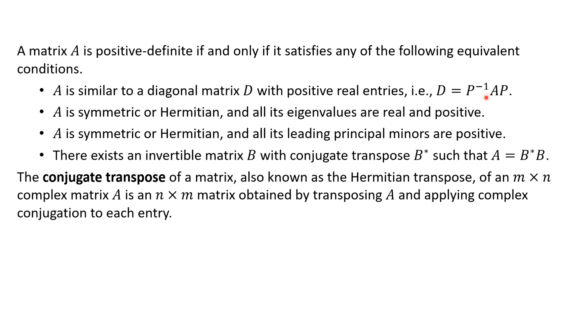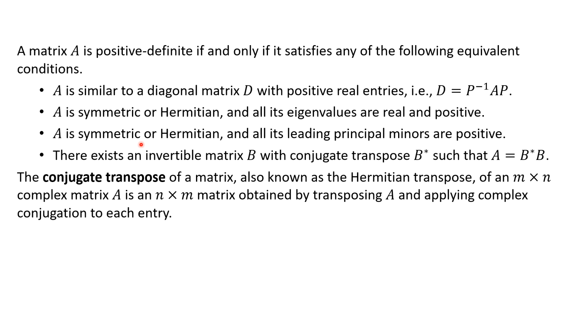So in other words, we have this relationship A equals PDP inverse, where P is an invertible matrix, and D has positive real entries in its diagonal. The second condition equivalent to positive definite is A is symmetric or Hermitian, so that's in the complex case, and all its eigenvalues are real and positive. And we talked about eigenvalues in the linear algebra sequence of lessons.